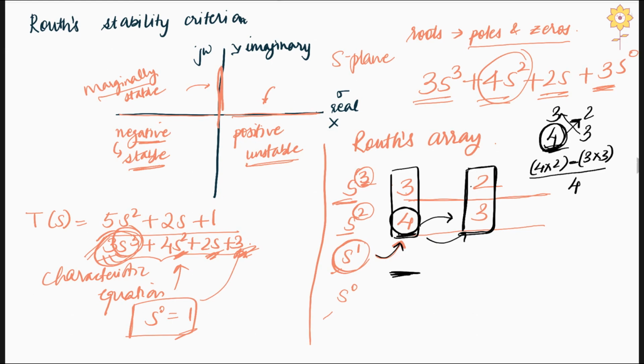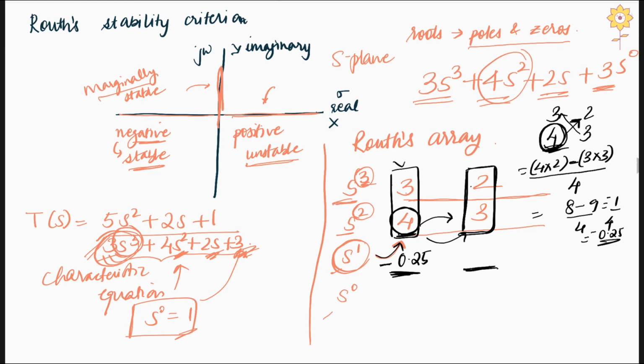So, if you solve this, you will get 8 minus 9 upon 4, which is nothing but minus 1 by 4, which you can also write as minus 0.25. So, we will write this value over here, that is minus 0.25.